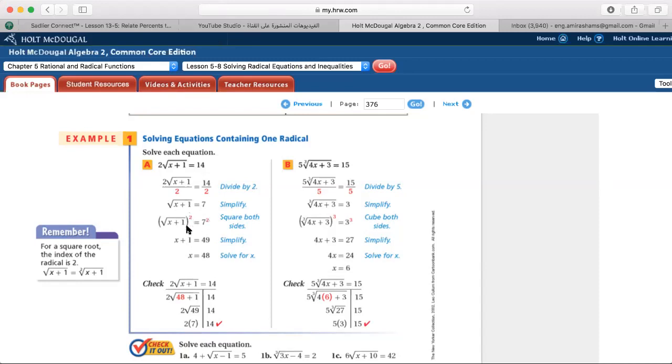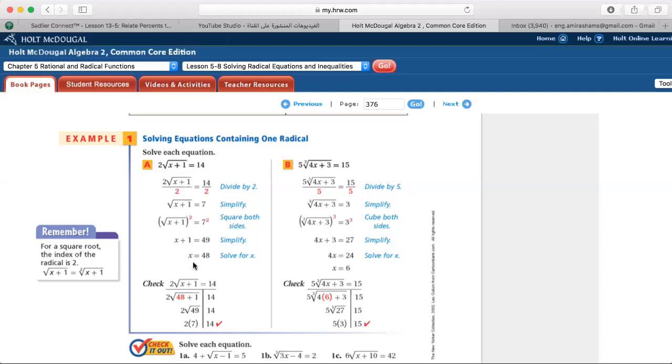So now I have 7 to the power 2 and the square root of x plus 1 to the power 2. This power 2 will cancel the square root. So it will be x plus 1 is equal to 49. I will get rid of this 1 by subtracting 1 from both sides. So x is equal to 48.